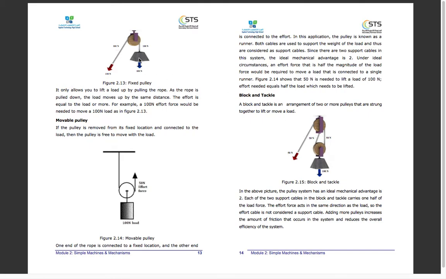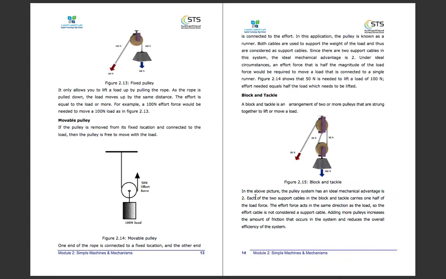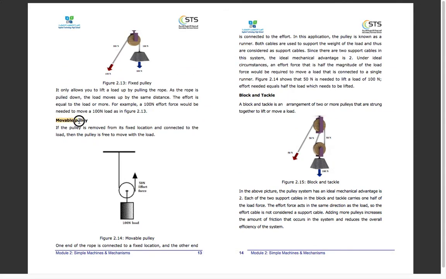For example, there are three types of pulleys: fixed pulley, movable pulley, and block and tackle. Now, in a fixed pulley, how many support cables do you see? Only one. So the IMA of a fixed pulley is 1.